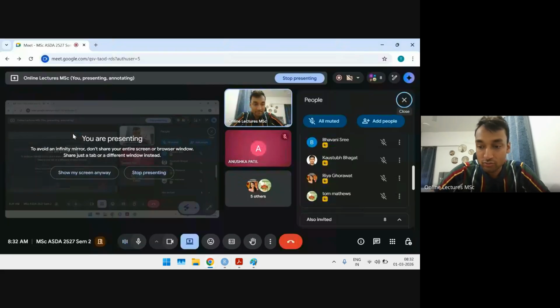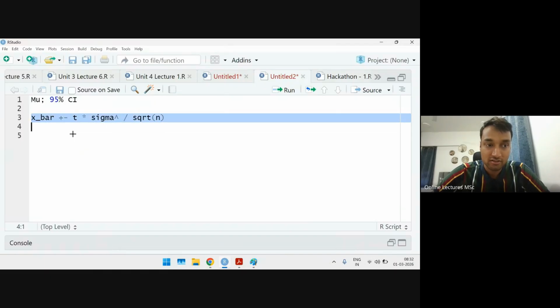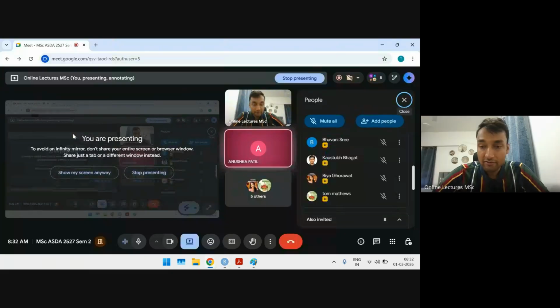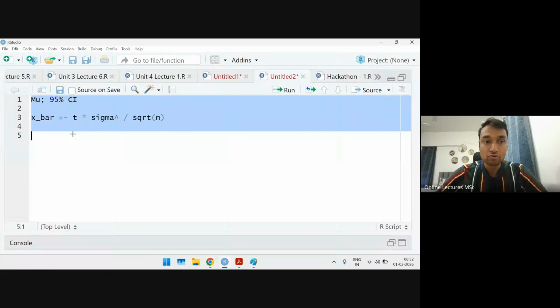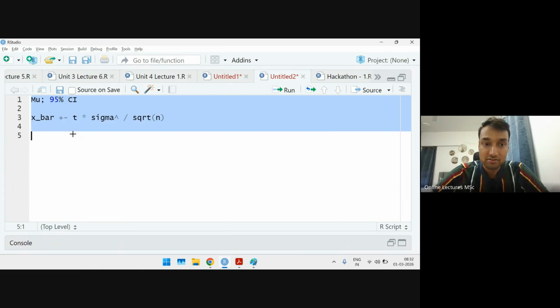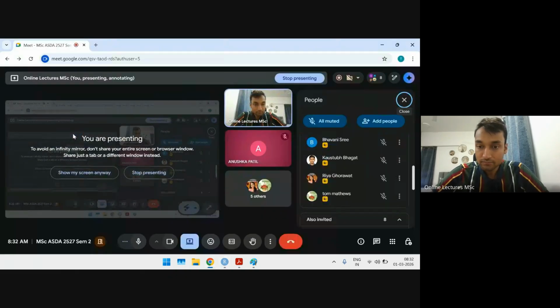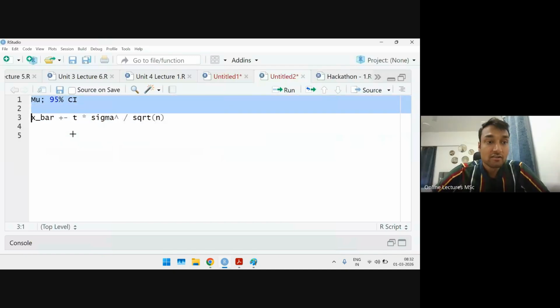As far as mu is concerned, this is what you have studied in your books. Everyone, are we confident with this statement at least? So there's nothing new about bootstrap here. It is purely what you have studied in your books in the previous semester. Yes, sir. Great.